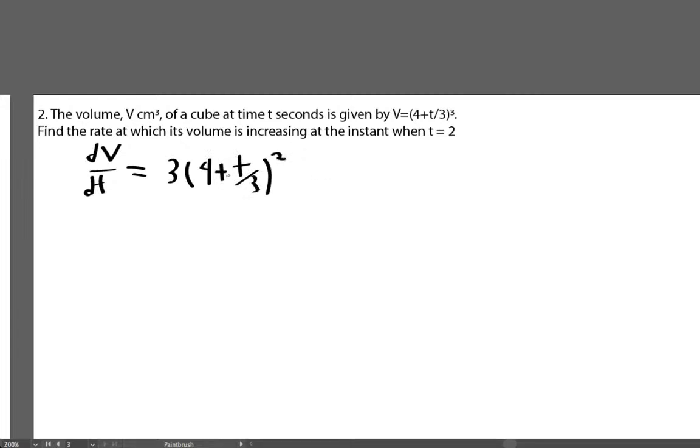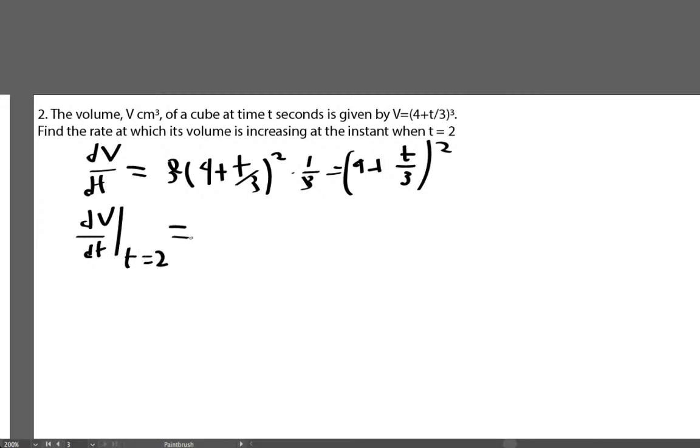But then you want to take the derivative of the inside, which you'll get 1 over 3, crosses it to form yourself a 4 plus t over 3 squared. And so now we want to figure out when t equals to 2. So what's the dv over dt at which time equals to 2?